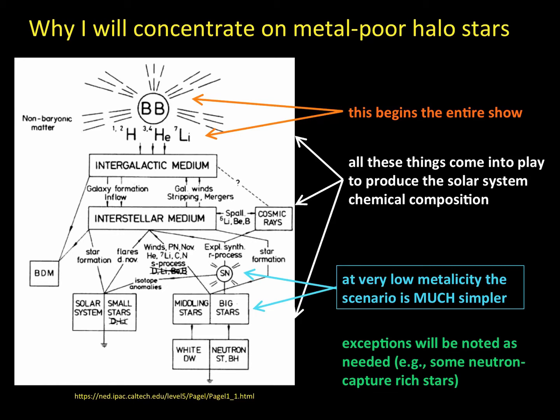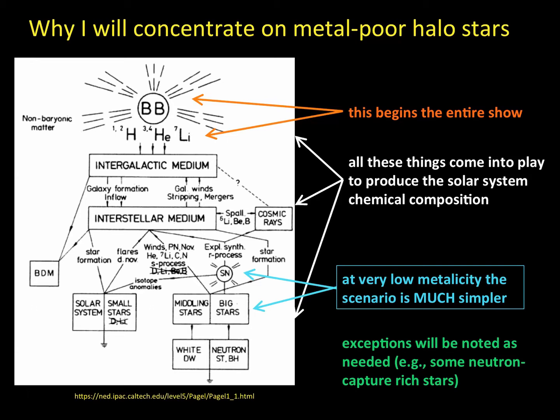But if you begin with a study of the oldest stars born near the beginning of our galaxy, most of the boxes here don't count. There is not much chemical evolution between the beginning of our galaxy and the formation of a star out in the galactic halo that is a 100th or 1,000th of the solar metallicity.